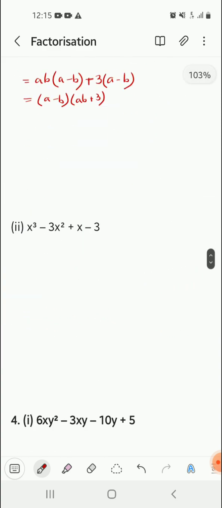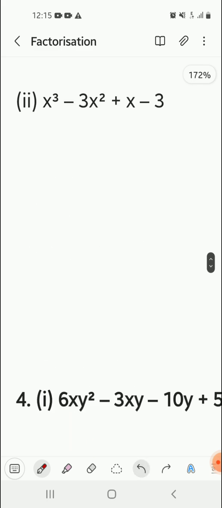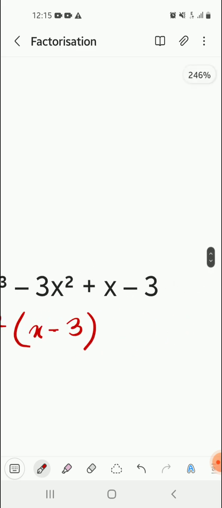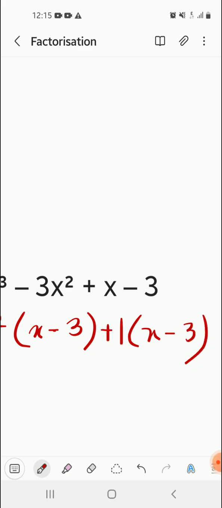Moving on to the next question, number 3-2. Now here x square is common because here we have got x square, here also we have got x square. So here we are left with x minus 3. Since we have written x minus 3, it will be common here as well, x minus 3. And here we will multiply this with 1.